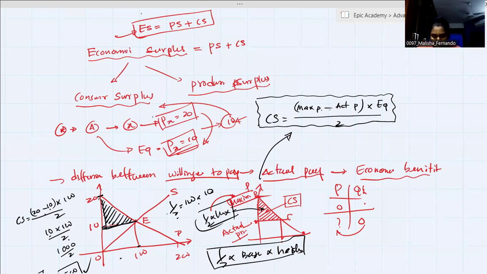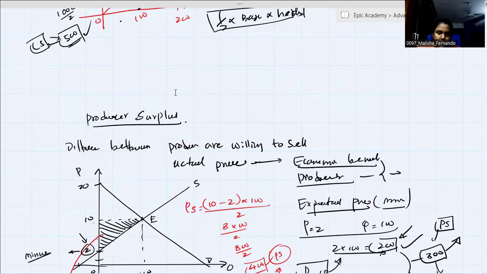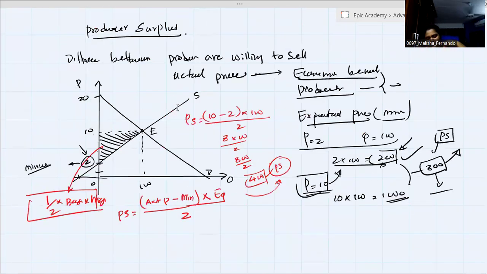That's the meaning of economic surplus. Right. We already identified those things, I mean consumer surplus and producer surplus, the combination of consumer surplus and producer surplus as an economic surplus.